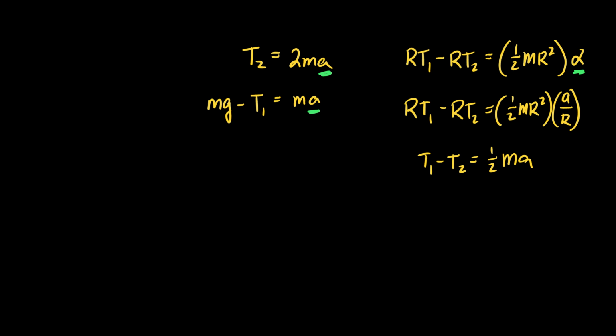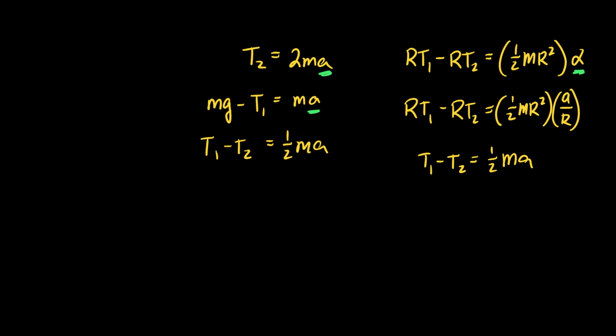I hope you see that if I put this over here, I have three relationships that share the same three unknowns. Your torque equation is almost always going to bridge both of your other parts of your problem together.